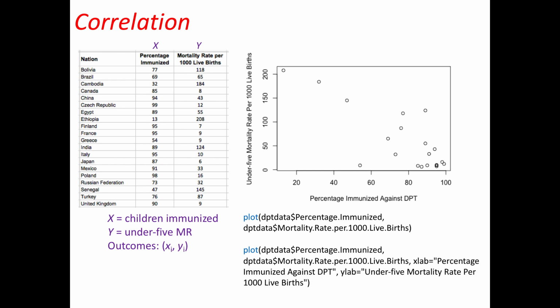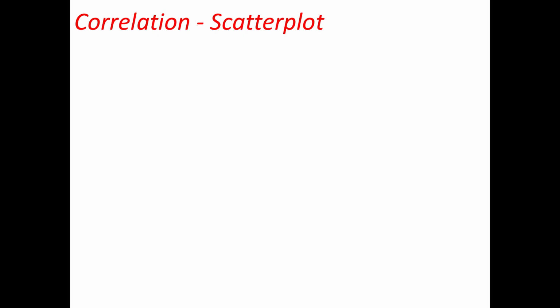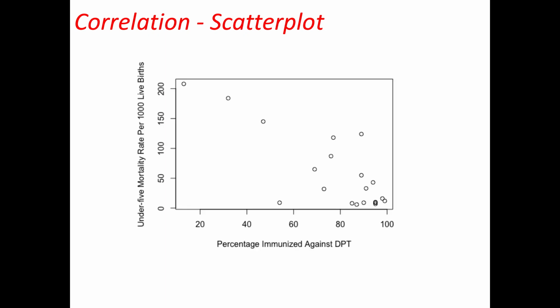We can often determine whether a relationship exists between x and y, the outcomes of the random variables x and y, simply by examining the graph. As an example, the data are plotted here with percentage of children immunized against DPT appearing on the horizontal or x-axis and the under 5 mortality rate on the vertical or y-axis.